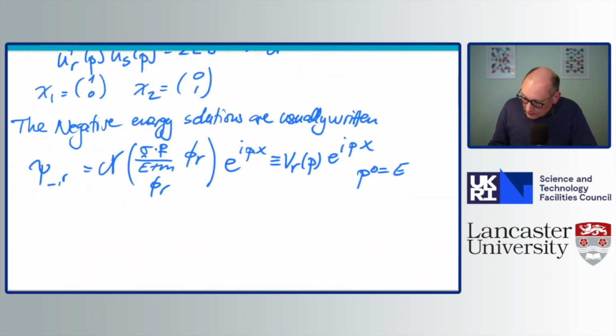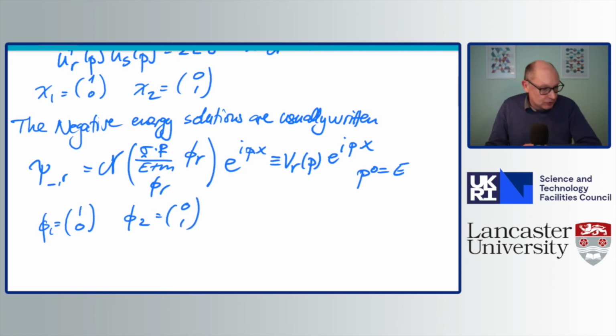And again, phi here has 2 degrees of freedom. There's a phi 1, 1, 0, and a phi 2, 0, 1. And the full solution space is spanned by those 2 degrees of freedom.